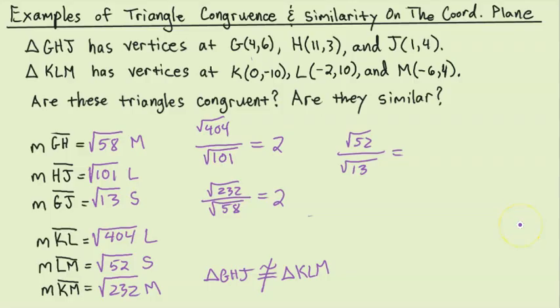So this is going to be 2, and since the proportion of the side lengths is the same for small, medium, and large, then we can say that they are similar. So we can say that triangle GHJ is indeed similar to triangle KLM, even though they are not congruent triangles. So they're not congruent, but they are similar.